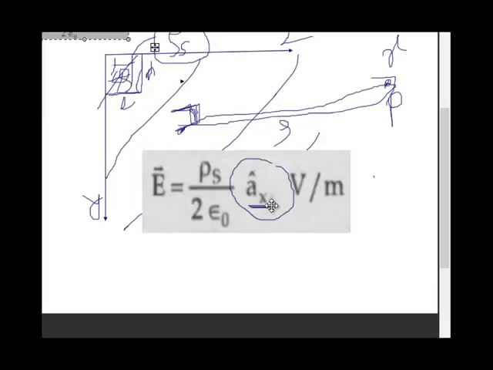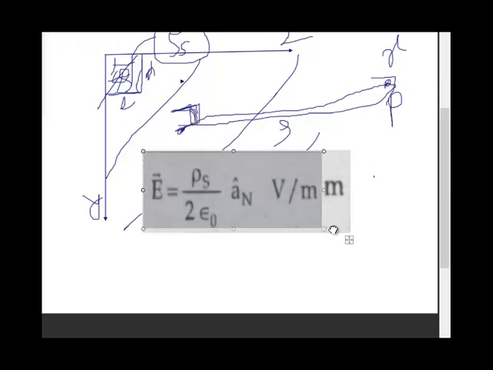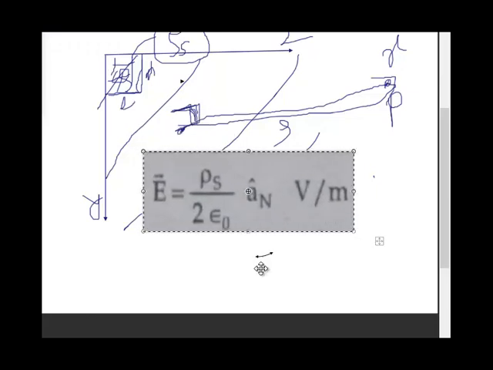So generalizing, the formula is E equals rho s upon twice epsilon naught into a cap n, where a cap n is the unit vector perpendicular to the plane. It is a line drawn as projection from point P on the surface, and the direction of this line is represented by a cap n. So E will be in the a cap n direction.